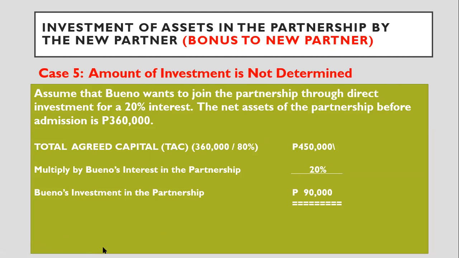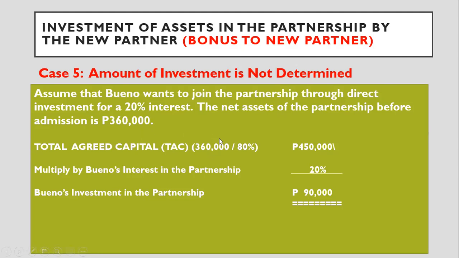Okay. Since the total agreed capital is not stated in the problem, our computation should be based on the net assets of the partnership. It is stated in the problem that the net assets of the partnership before admission of Bueno is 360,000.